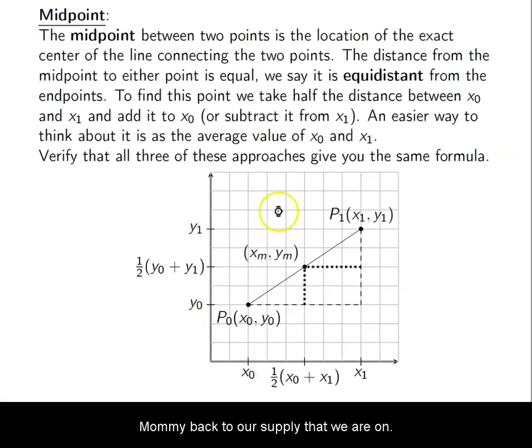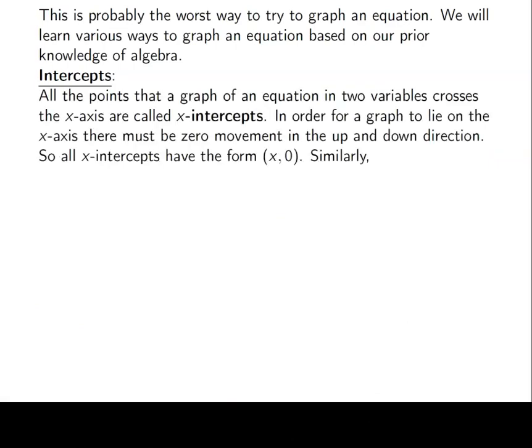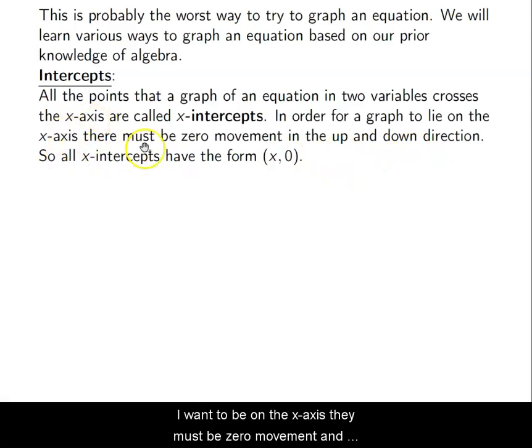All the way back to our slide that we're on. So, if I want to be on the x-axis, there must be 0 movement in the up and down direction. So what that means is all of my x-intercepts have the form of a left or right distance from 0 of x, but 0 movement up or down.